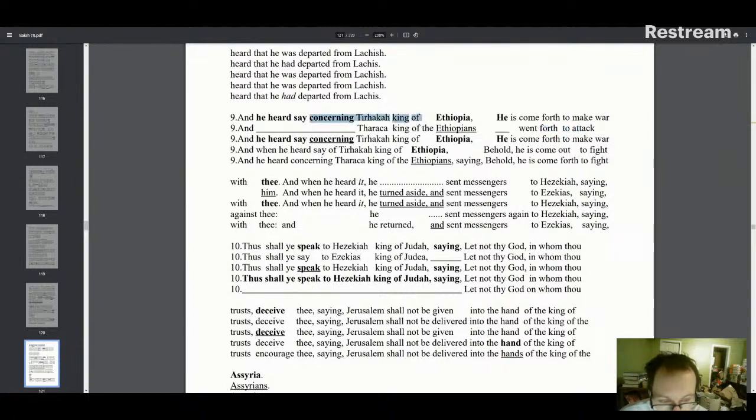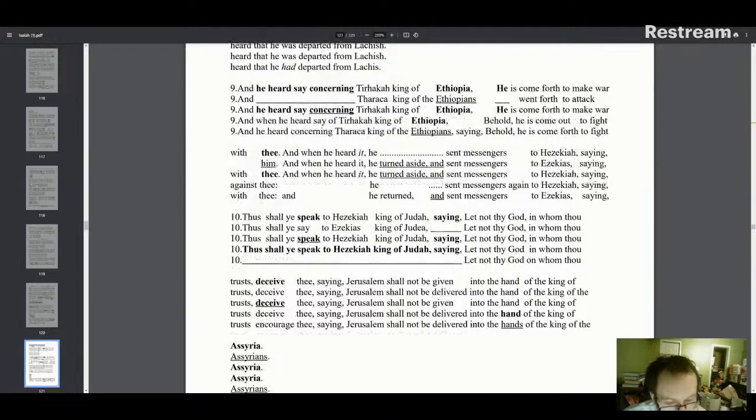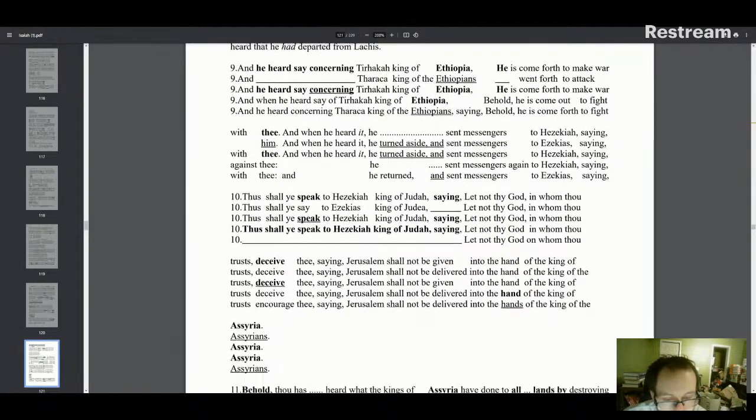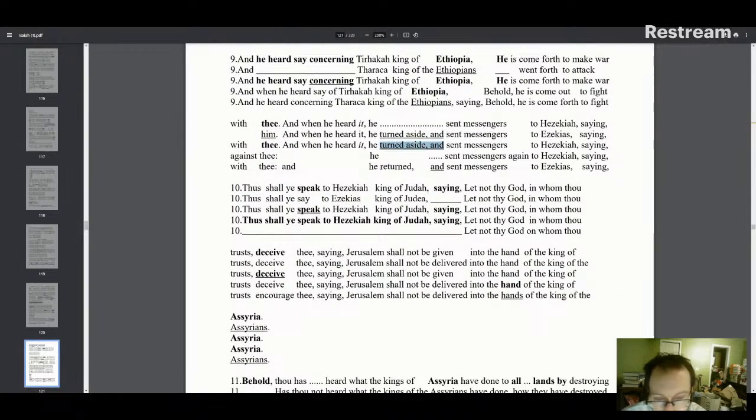It's being quoted as words where it says, he has come forth to make war with you, with thee. So more personal language. The Septuagint of Isaiah is the one that altered the text. Supposedly, I'd have to double check this, but apparently the Dead Sea Scrolls agrees with the Septuagint. Turned aside corresponds with the Septuagint returned, but the Hebrew of 2 Kings and Isaiah don't say turned aside.